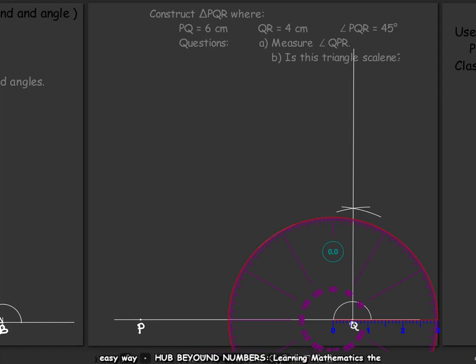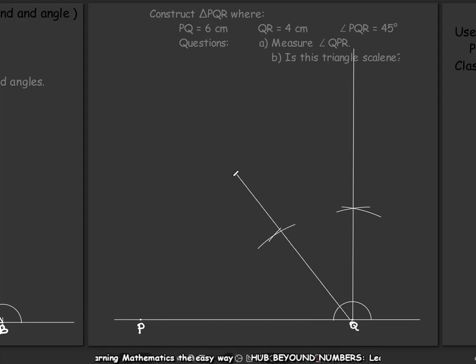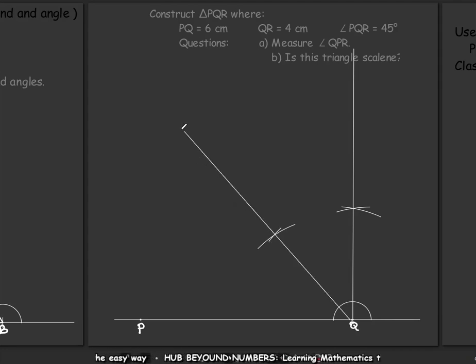Then with that same radius, we stand at this end over here as well, and you draw another arc, all right? After which you draw a straight line through your point of intersection from the scale. So I'm going to draw a straight line from this point to my point of intersection, something like this.